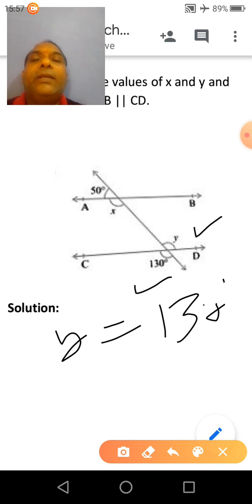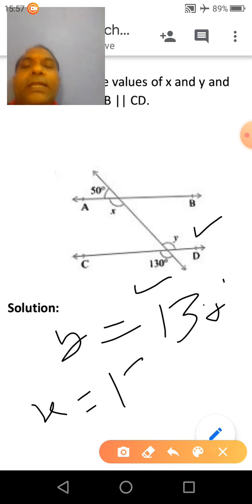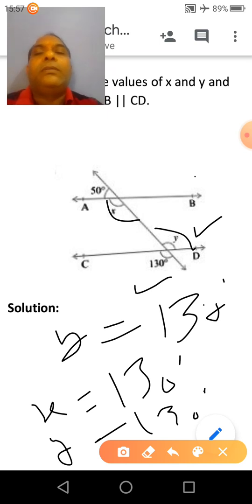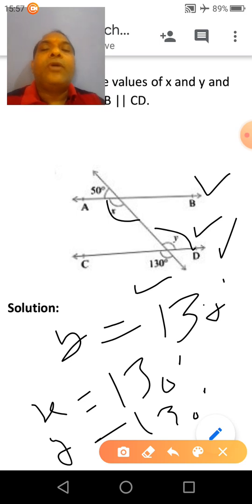And we find that angle X is equal to 130 and also angle Y is 130 degrees. It means this angle is equal to this one. So line AB will be parallel to CD, because if alternate interior angles are equal, then both lines will be parallel. Clear?